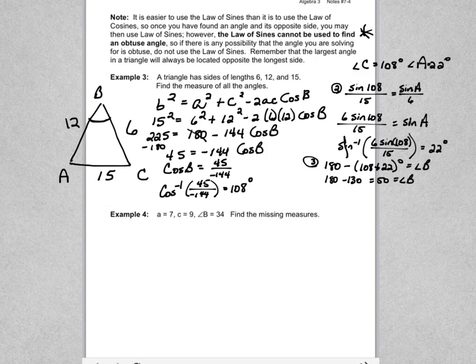So there's our three angles. Angle A is 22 degrees, angle B is 50 degrees, and angle C is 108 degrees.